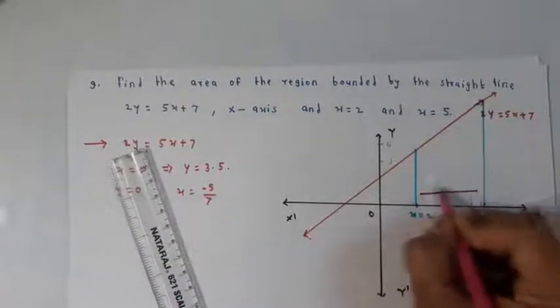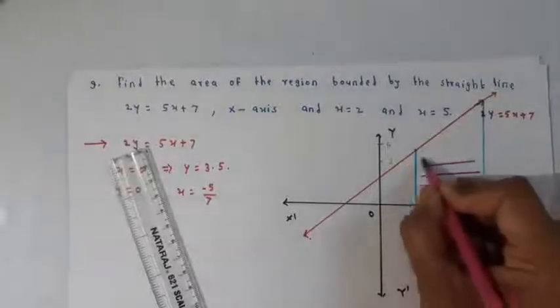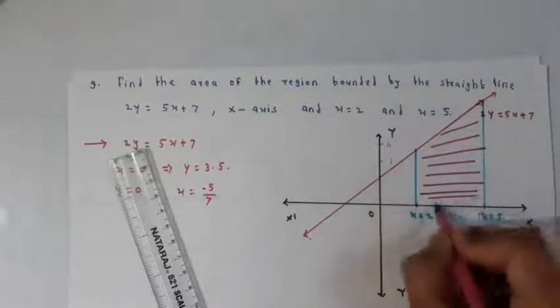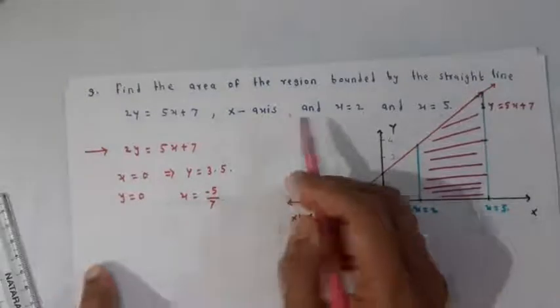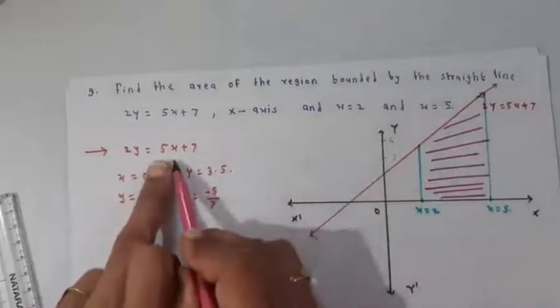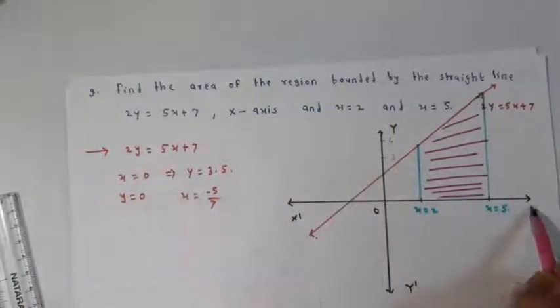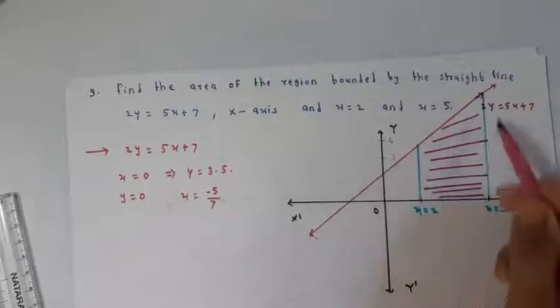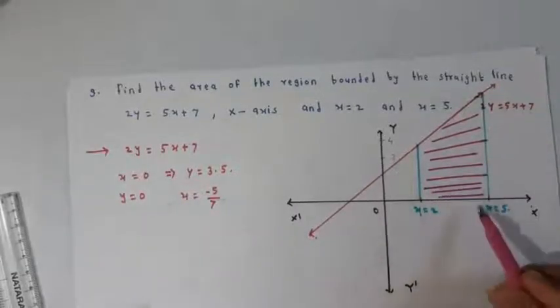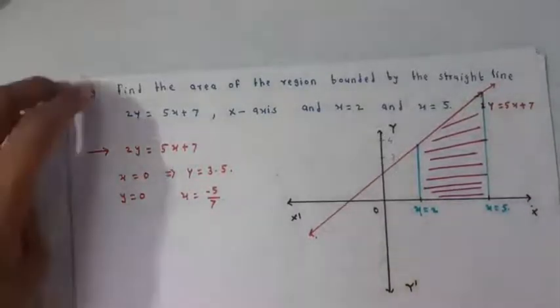This is the area of the region bounded by the line, the x-axis, the line x equal to 2 and the line x equal to 5. So we will find out this area.